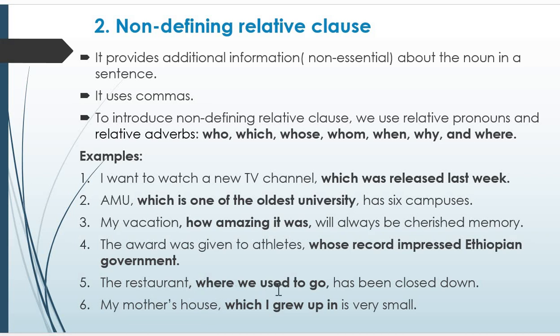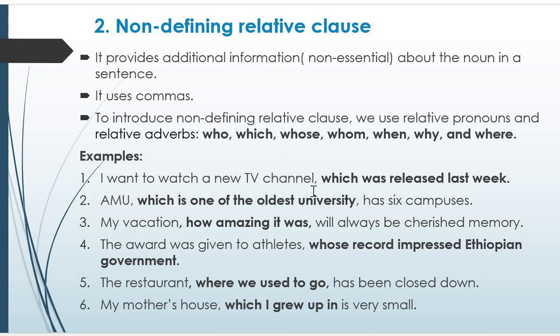The restaurant where we used to go has been closed down. If you miss where we used to go, nothing happens to this sentence, since it is additional information, like the restaurant has been closed down. The main clause is this one. Okay?